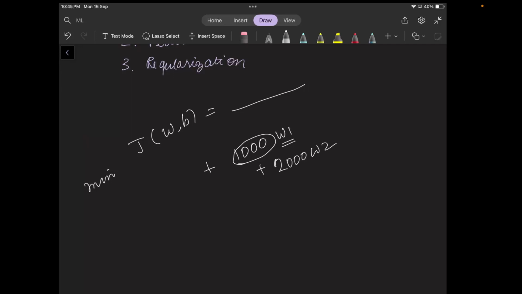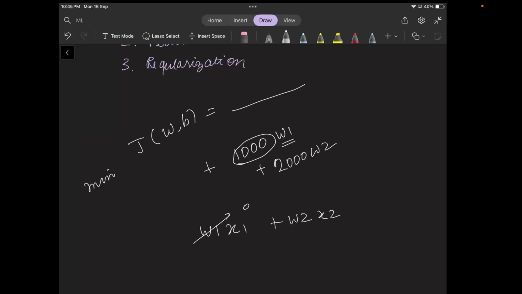Now w1 will take a value which is very small because I'm multiplying it by 1000 or 10,000 or whatever it is. Now if w1 would be a very small value, in that case it is almost as good as not taking that particular feature. So if I have the model w1 x1 plus w2 x2, and here w1 is, let's say, tending to 0, I am almost ignoring that feature.